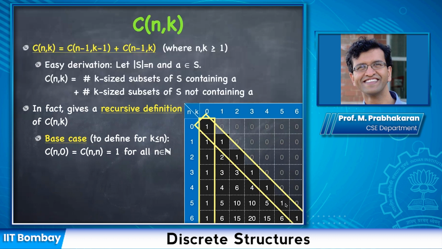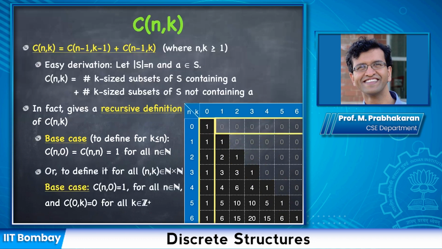Okay, we will talk about recursive definitions more formally later, but for now this is something for you to remember. In fact, you could use this formula also to prove the formula for C(n,k). And here I excluded all the part in this table where k is strictly greater than n, but an alternate base case I could choose is for k a positive number, k equal to 1, 2, 3, and so forth, and n equals 0.